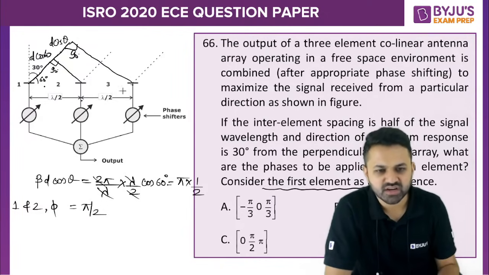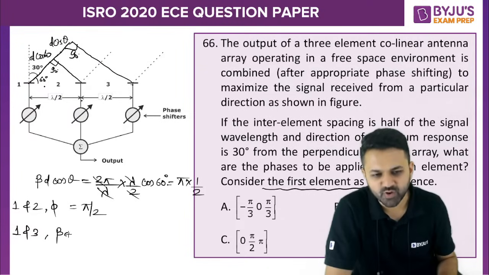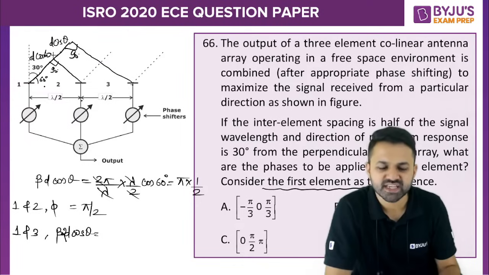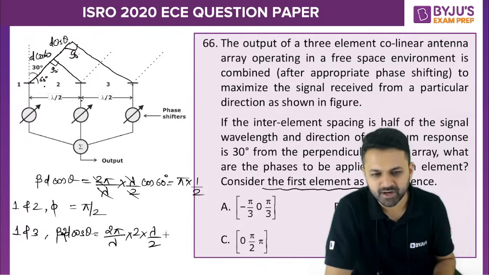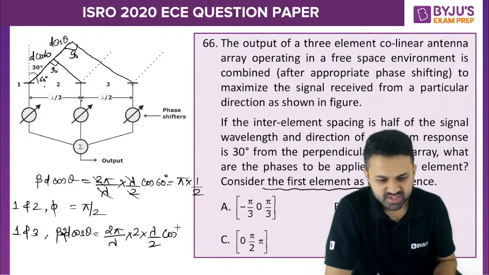And what about the phase difference between 1 and 3? We will again use the same formula beta d cos theta, but this time the distance is 2d cos theta. So beta is 2 pi by lambda, and this is 2 into d, which is lambda by 2, and the angle is also the same.